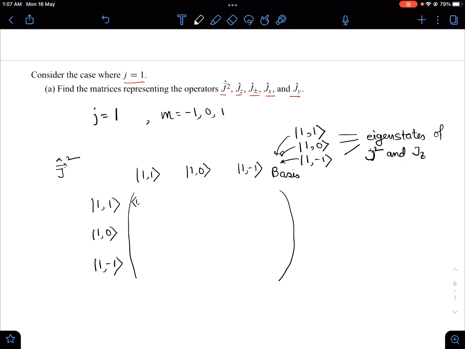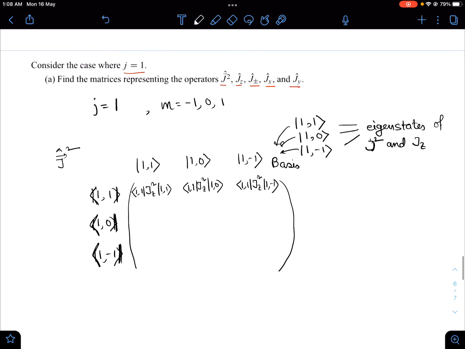This element will be <1,1|jz squared|1,1>, this will be <1,1|jz squared|1,0>, and this <1,1|jz squared|1,-1>.